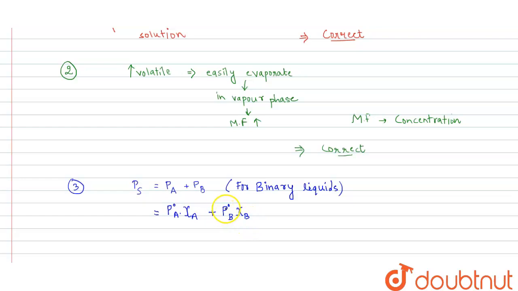So from this expression, it can be clearly inferred that if the mole fraction of a component is increased, then the total pressure of the solution will also increase. Why? Because it is directly proportional as per Raoult's law.